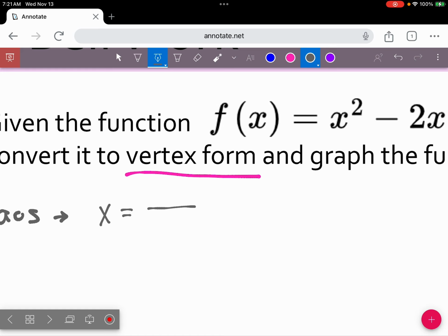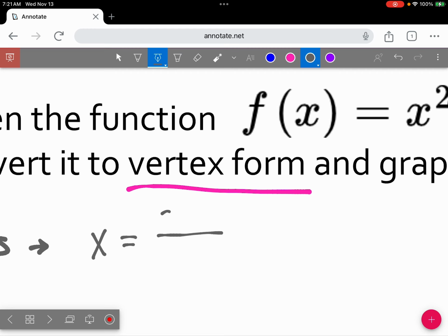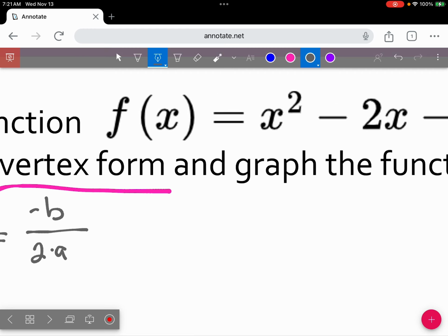All right, so we're going to find our axis of symmetry. That's when we use our opposite of b over 2 times a. So our x equals, what is the opposite of our b? 2, because our b is negative 2, so the opposite of b is a positive 2.